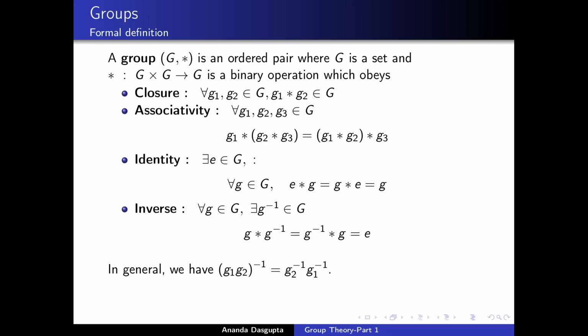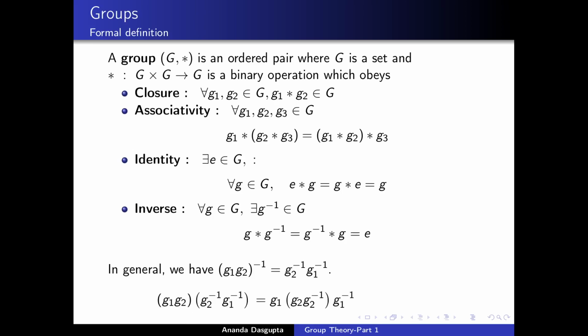Now, it's very easy to prove this result. All you have to do is multiply G1 G2 by G2 inverse G1 inverse, and check that you're getting the identity. Well, notice that we have taken G1 G2 here, and the brackets are meant to indicate that you are multiplying G1 G2 first, and then multiplying the result by G2 inverse G1 inverse.